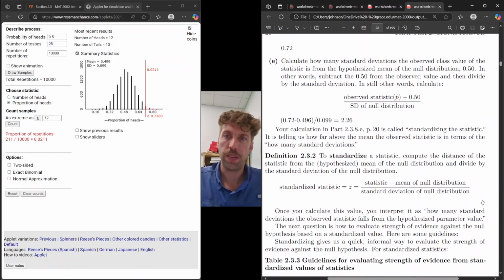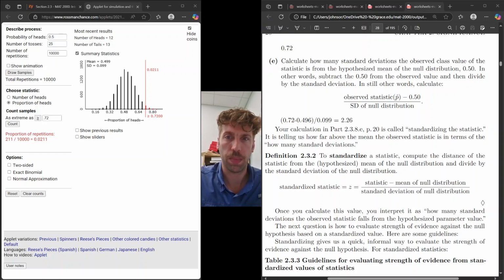Calculate how many standard deviations the observed class value of the statistic is from the hypothesized mean of the null distribution. In other words, subtract the 0.5 from the observed value and then divide by the standard deviation. So you would get out a calculator. I've got a calculator up on my computer.